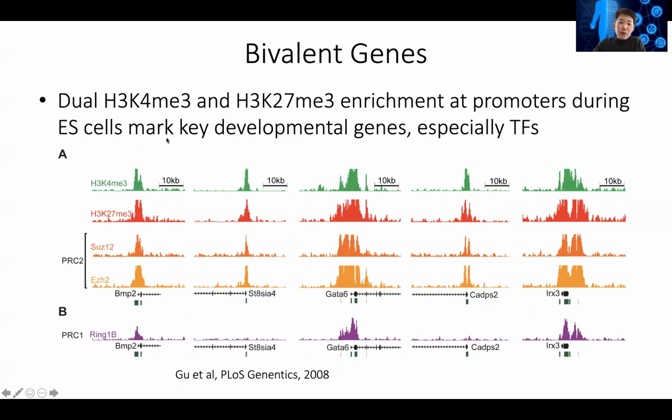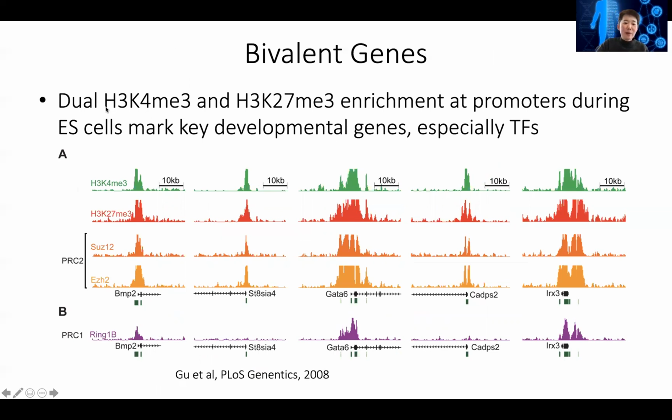There are also genes that are marked by what people call a bivalent domain. This is, again, a seminal study from Brad Bernstein's lab, but the figure is coming from a different paper. So we mentioned that in the embryonic stem cells, there are active genes, or at least genes poised to be activated.